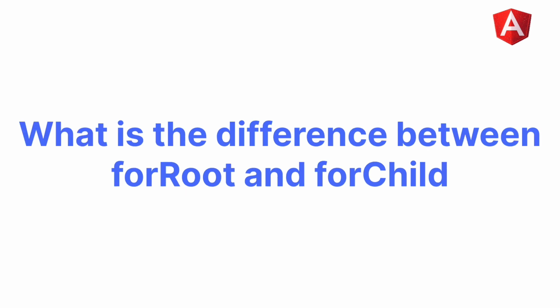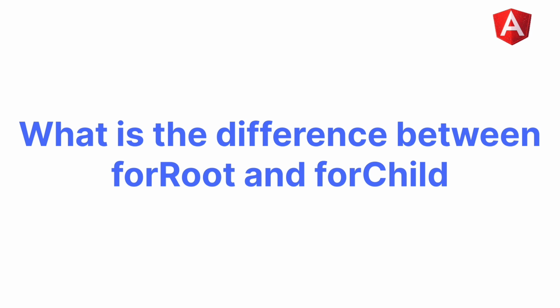Understood. What is the difference between forRoot and forChild? If I'm using RouterModule.forRoot, then I'll be defining the constant routes for the root level routing at the module level. Then I can define path and loadChildren, and I can load the lazy loaded feature modules.